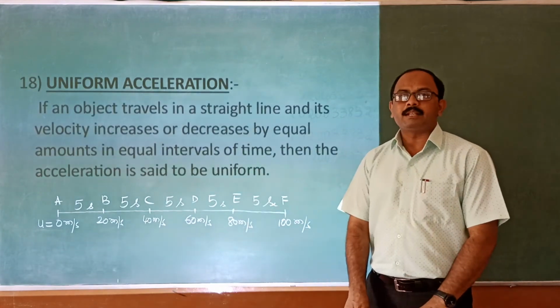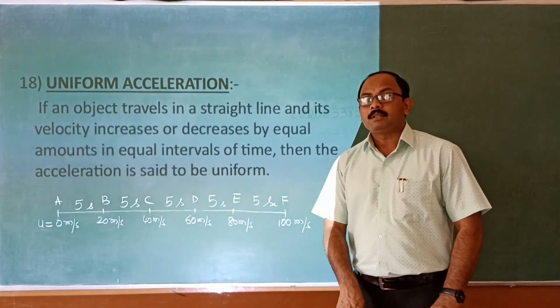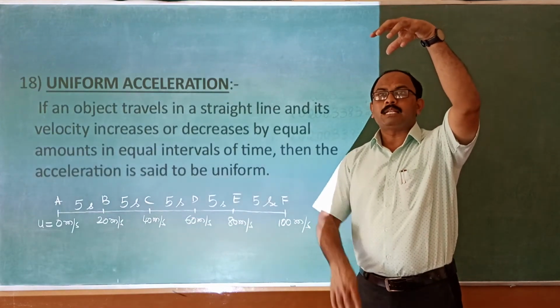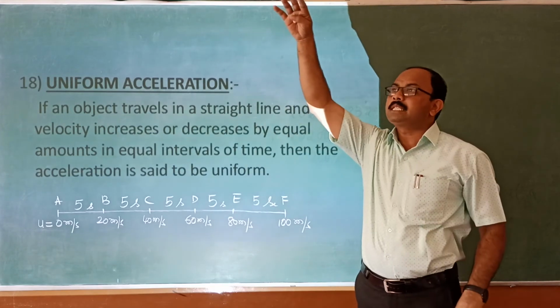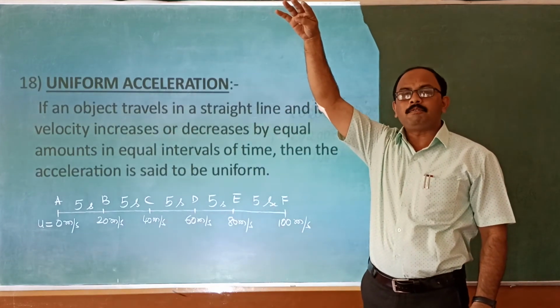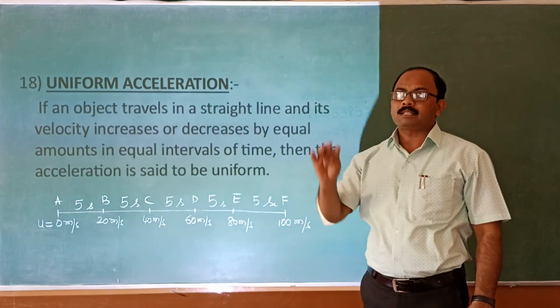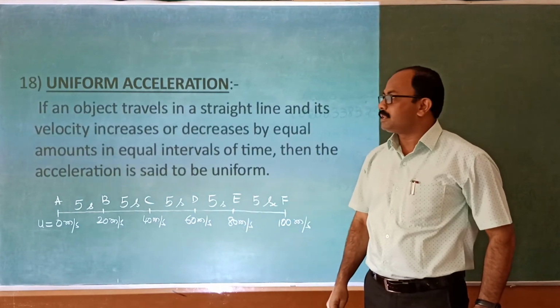The example that can be taken is the falling of an object from a height. We call that free fall. If an object is released from a height of about 100 feet, the object undergoes uniform acceleration.